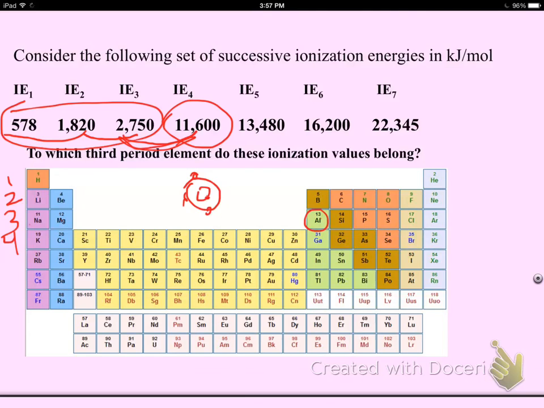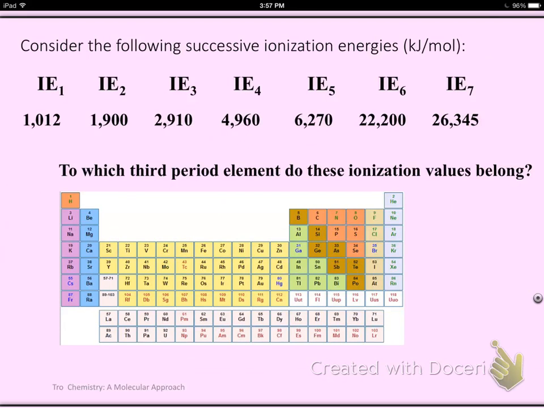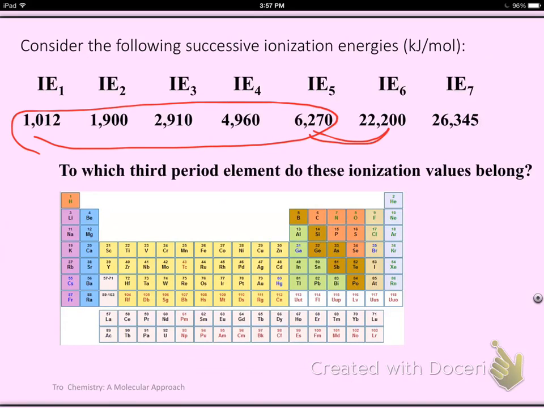Let's take a look at another. Again, we want to consider the following successive ionization energies, first, second, third, and so on. So let's see where the big jump is. This is almost double, not quite, 50% more. Big jump right here. So what that says is the first 5 electrons are not so hard to pull off. The 6th electron becomes very difficult.